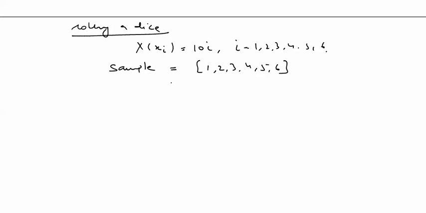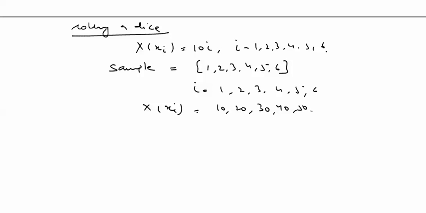All the sample space is converted into i equals 1 2 3 4 5 6. X of xi equals 10 20 30 40 50 or 60 values attached, because all are equiprobable, an unbiased dice, so all are assigned 1 by 6 probability.